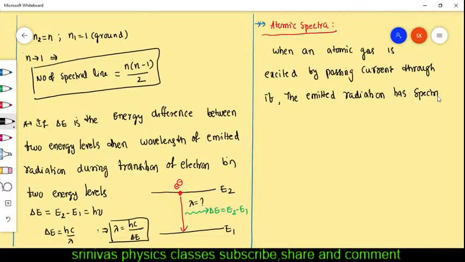Spectrum means only lines, bright lines or dark lines: bright lines on a dark background or dark lines on a bright background.